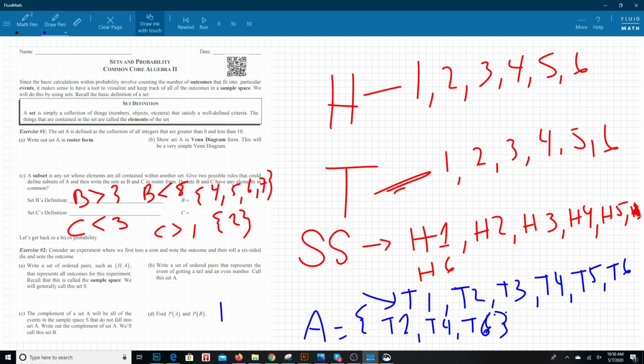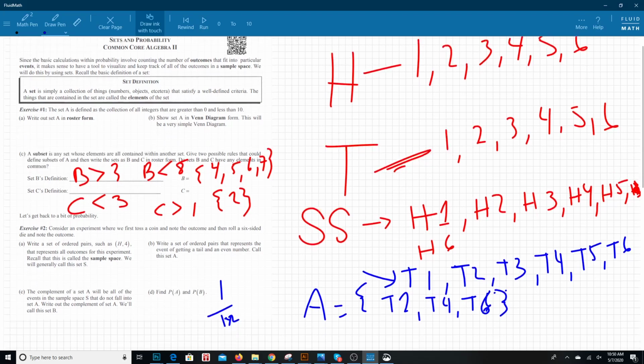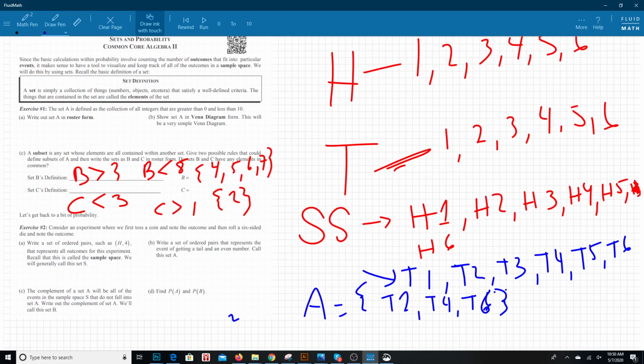So probability A is 3 over 12, which can be reduced to 1/4, and probability B is equal to 9 over 12, which is 3/4.